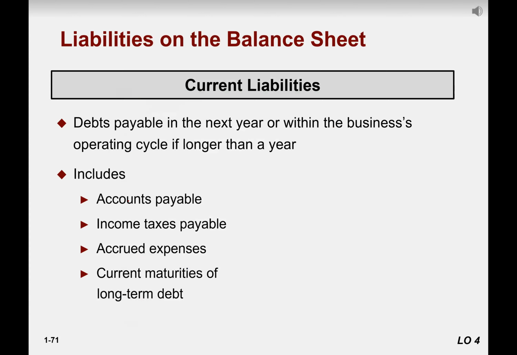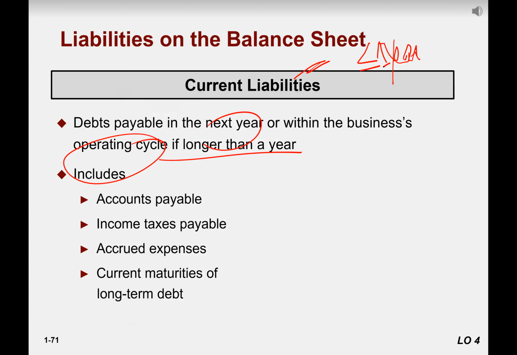Let's talk about it. So the debt payable in next year or within the year's business operating cycle, if that is longer than 1 year. So normally the life of the current liability is less than or equal to 1 year.